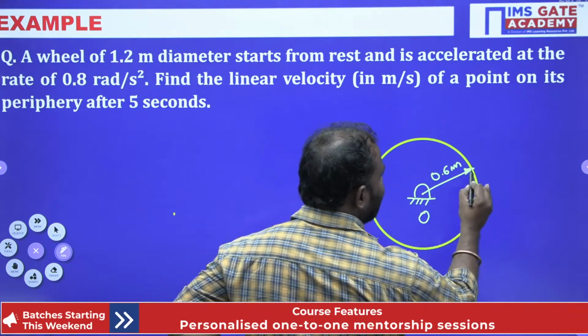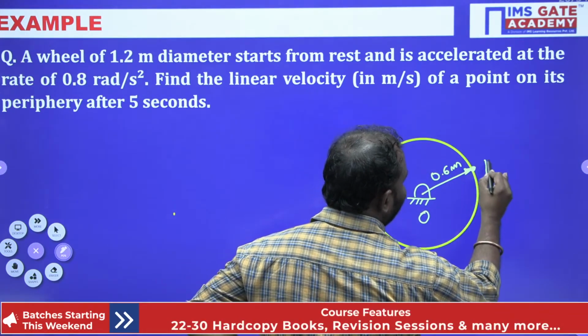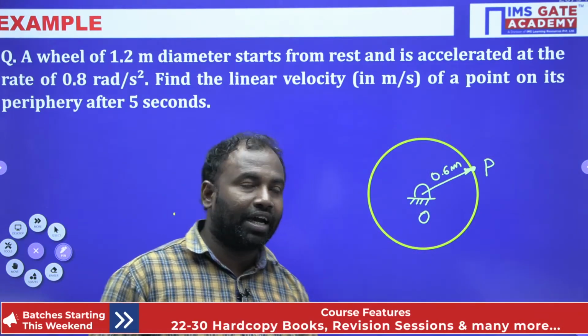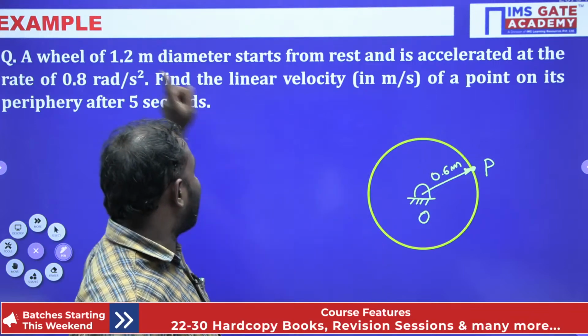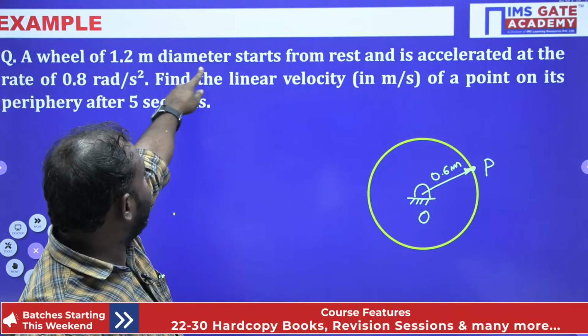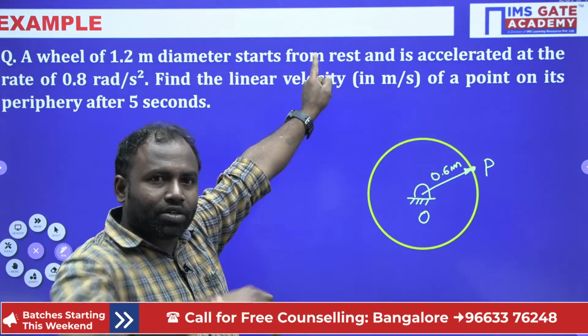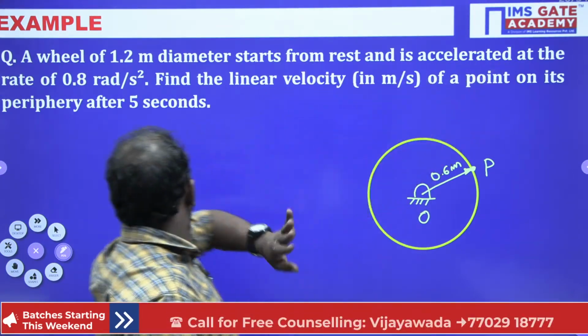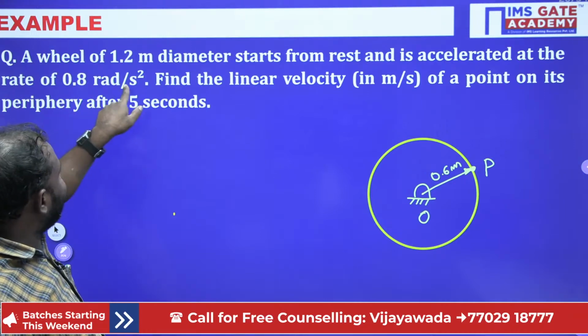Now we need to find the linear velocity on its periphery. So the flywheel is 1.2 diameter and starts from rest. It is accelerated at a rate of 0.8 radians per second square.